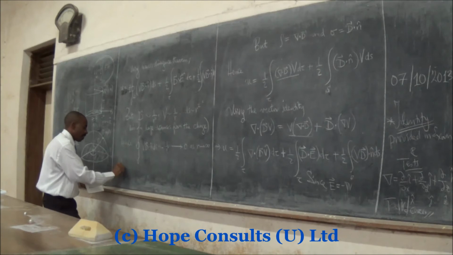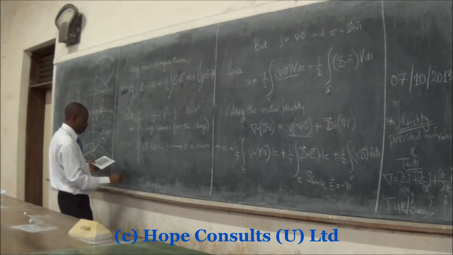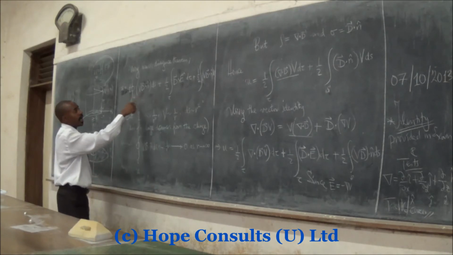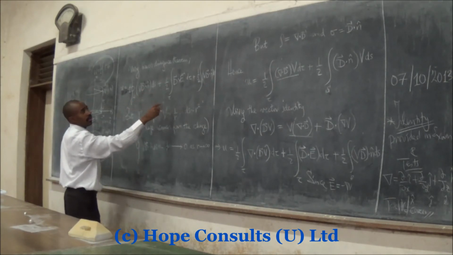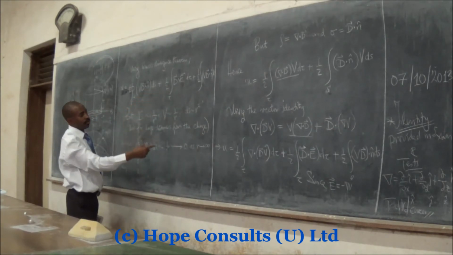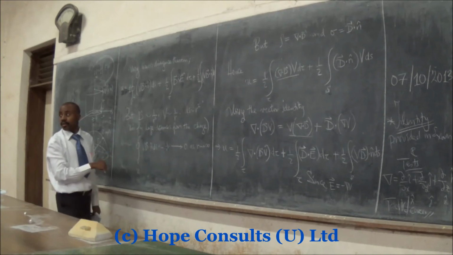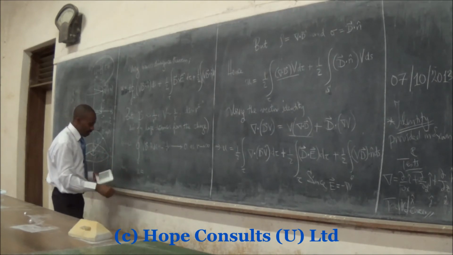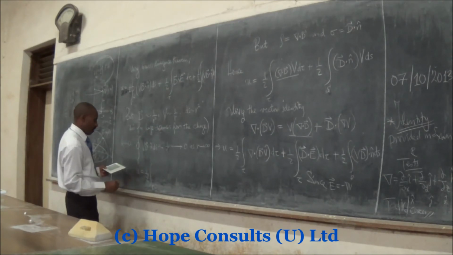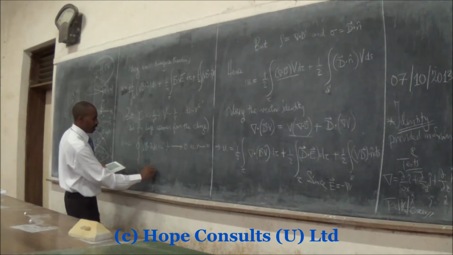Thus, we would have our U. If you want, you can continue and add another step where you have only a half of this plus a half of this, because these two are giving you this one. Thus, our U would be the same as simply a half integral over tau of D dot E d tau.